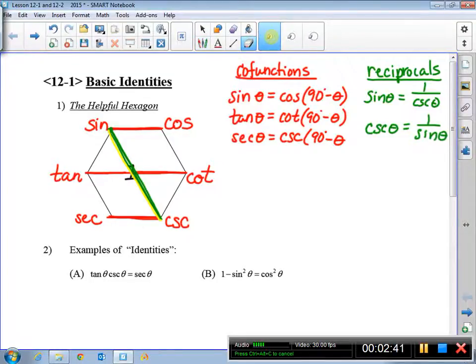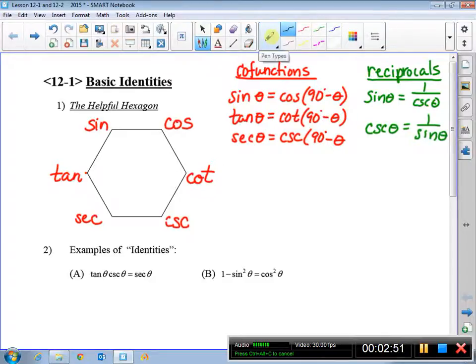We're getting just a little crowded in here already. Get rid of some values with some lines. All right, let's put that 1 back in the center. And in green, sine equals 1 over cosecant. Cosecant equals 1 over sine.